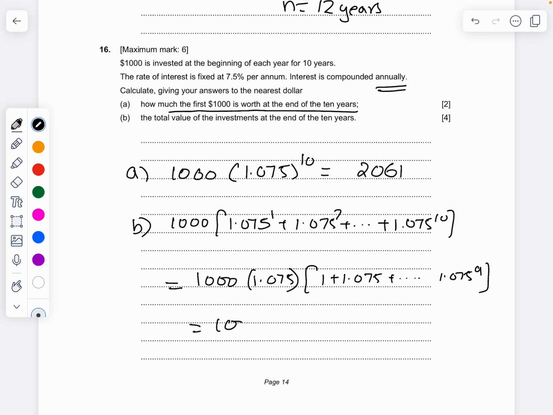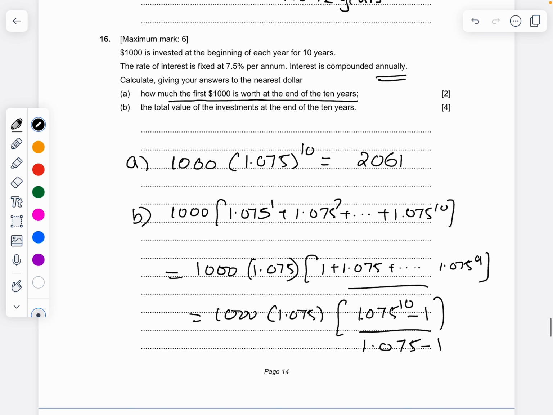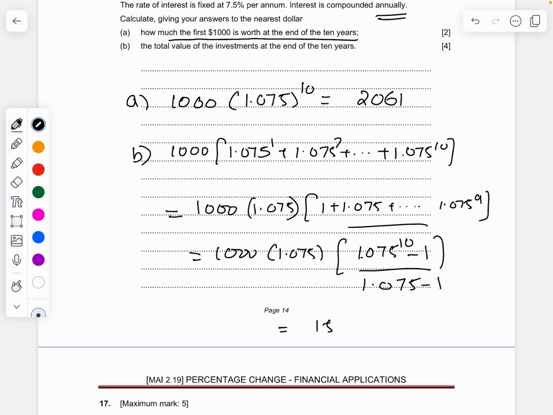This one is a GP, so 1.075 to the power of 10 minus 1 divided by 1.075 minus 1. Simplify that: 15,208. See that your first term should always be 1 so that you can use this formula in a perfect way. That is the reason I have taken 1.075 common.